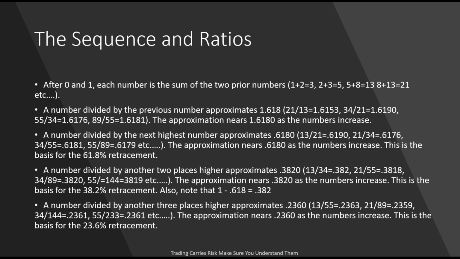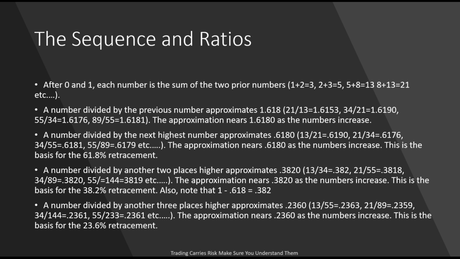But we get this ratio by dividing the current number by the previous number. So in other words, we have 1 plus 2 equals 3, 2 plus 3 equals 5, 3 plus 5 equals 8, 5 plus 8 equals 13, and so on and so on. Okay, that's how we got them.